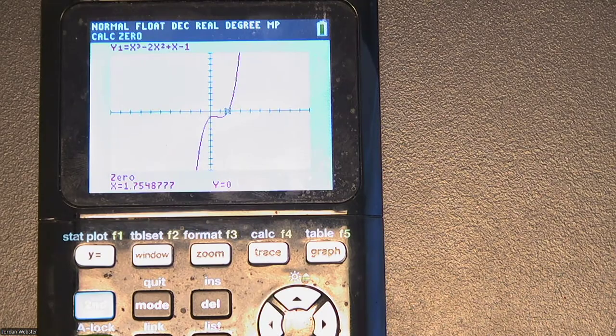So with modern technology, we don't have to use the intermediate value theorem as much. We can get good approximations just by asking technology to find where it crosses the x-axis. That work?